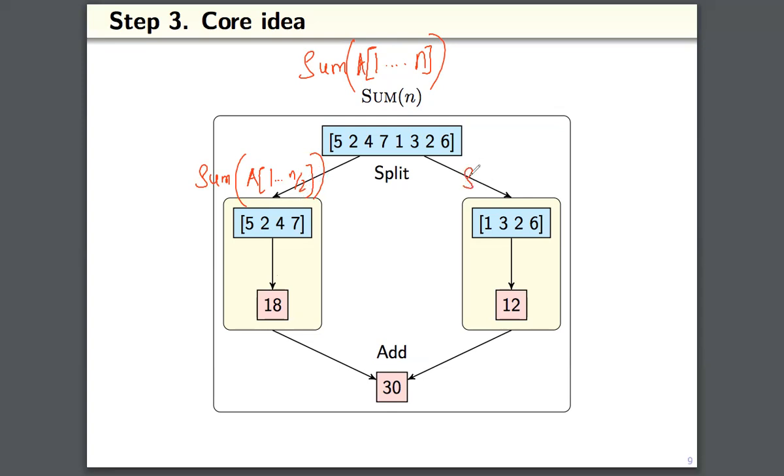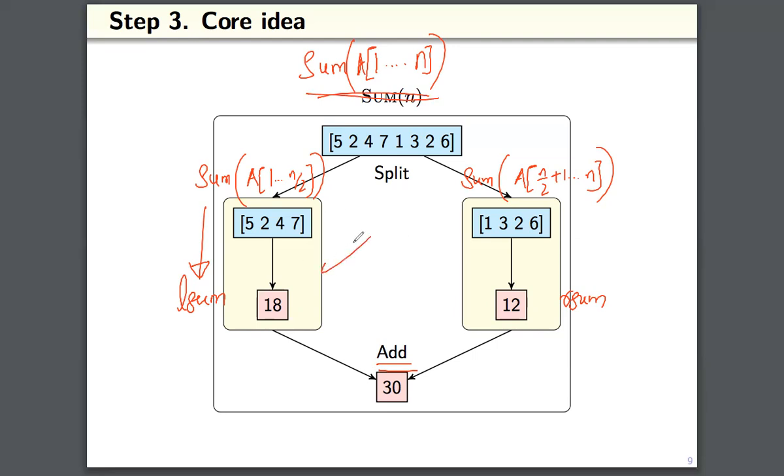Then sum of array of n by 2 plus 1 to n. When you recursively solve it, you get, say, the left sum and the right sum. You add the left sum and right sum, and you get the sum of the entire array that you return.